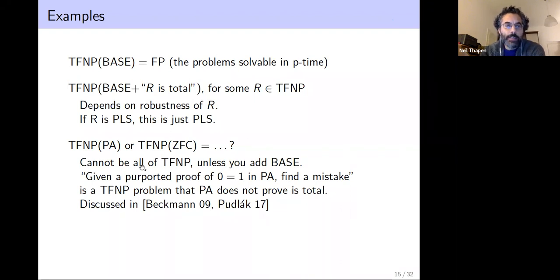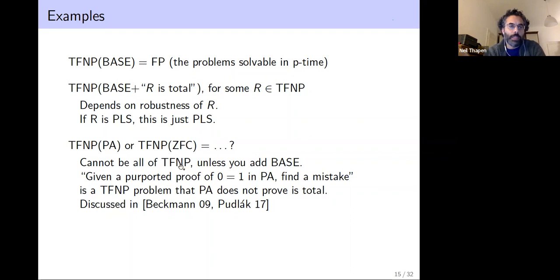An interesting case is if you take some very strong theory, such as Peano arithmetic or set theory. This still makes sense, as we just have some property of numbers, and these are quite good at talking about numbers. But here, I'm not quite sure what's going to happen. You get a strong set of problems.